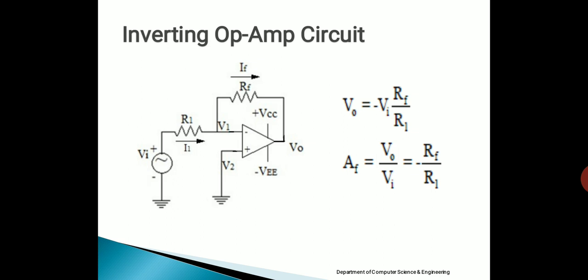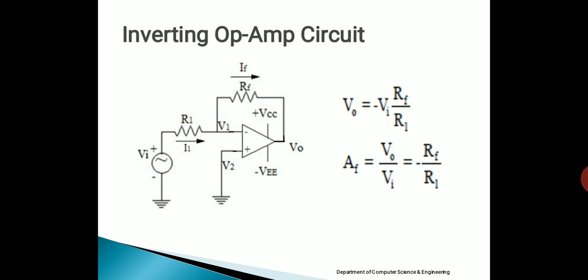Here the minus sign indicates it is an inverting op amp circuit wherein the output is 180 degree phase shifted with respect to input. Hence the closed loop gain of the inverting op amp circuit is minus Rf by R1, which entirely depends on the feedback resistance Rf and the input resistance R1. So by selecting proper values for Rf and R1, we can design an op amp for any gain.